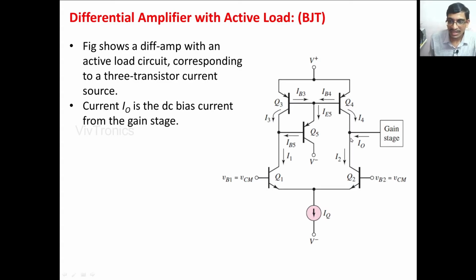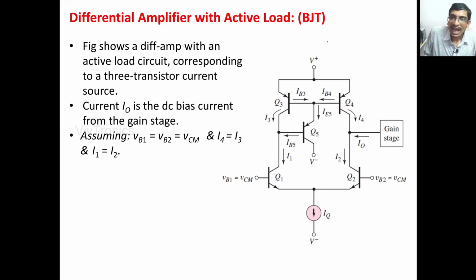I0 is the output current of this differential amplifier, which is the input current for the gain stage. Assuming we operate in the common mode configuration, VB1 is equal to VB2 is equal to VCM. We know that in transistors, the emitter current is equal to the collector current.